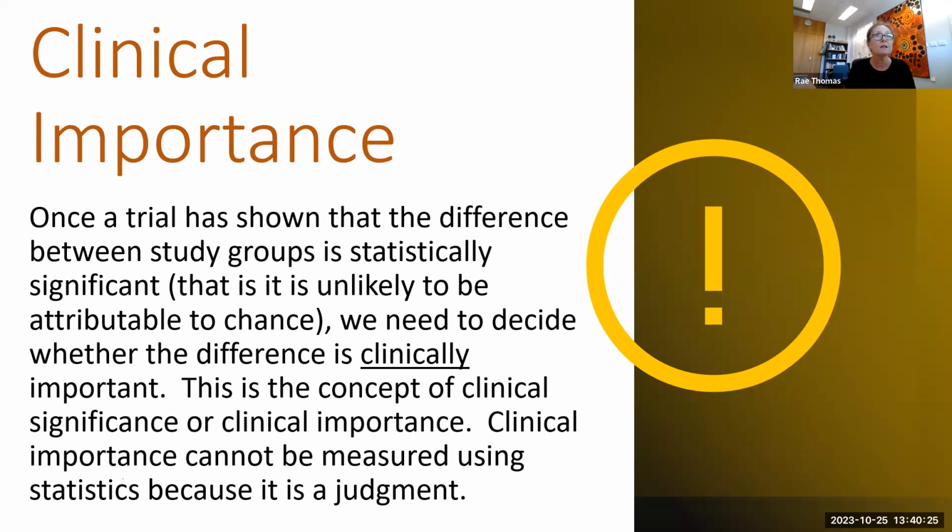But as a clinician, it might be really immaterial because the difference is so small that it doesn't actually matter. So once a trial has shown that the difference between study groups is statistically significant, that's unlikely to be attributable by chance. We need to decide whether the difference is clinically important. This is the concept of clinical significance or clinical importance, and it cannot be measured using statistics. And I can't do that here.